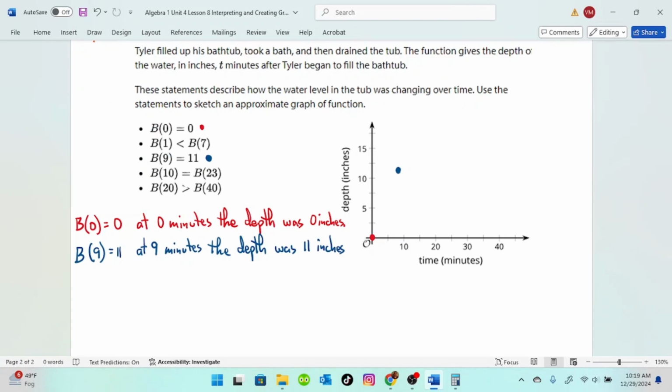Now, I'm going to go back to the second description, and I have b of 1 is less than b of 7. This means the depth at 1 minute was less than the depth at 7 minutes.